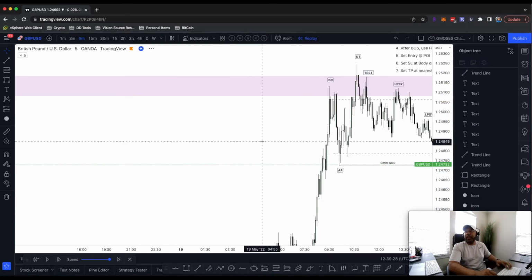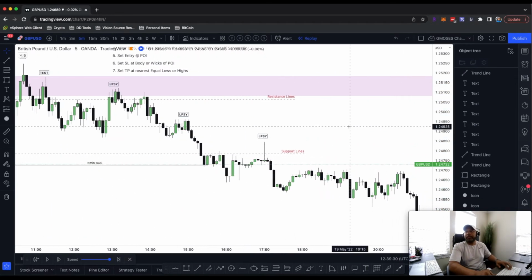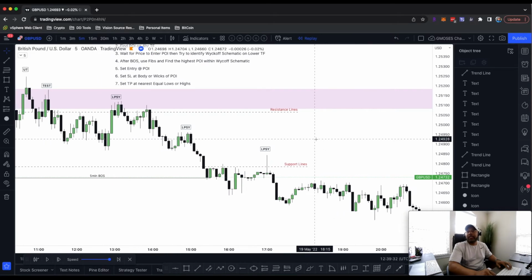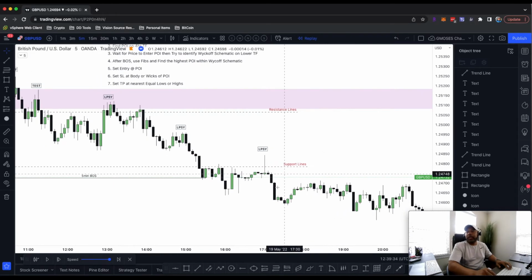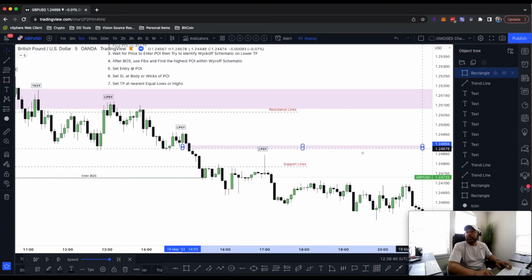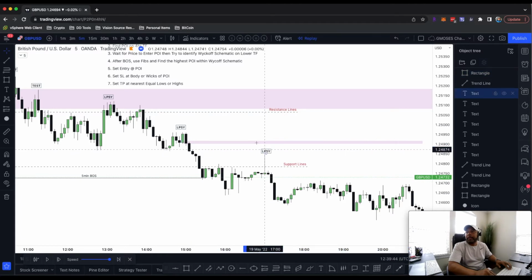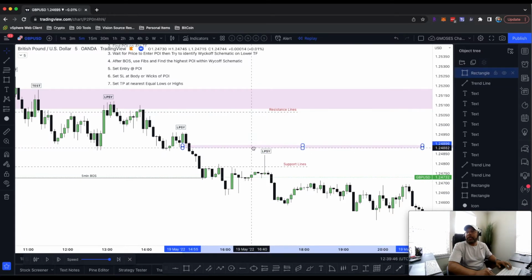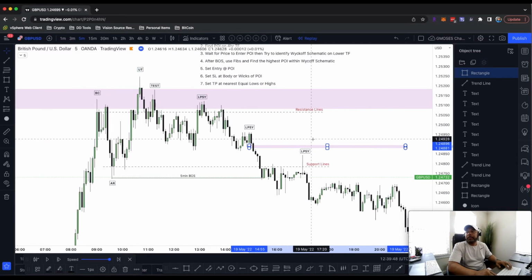So now let's find a point of interest. Right off the bat, I see a couple of points of interest that we can notate. We have an imbalance in this area here. Let me move this down a little bit. We have an imbalance right here.